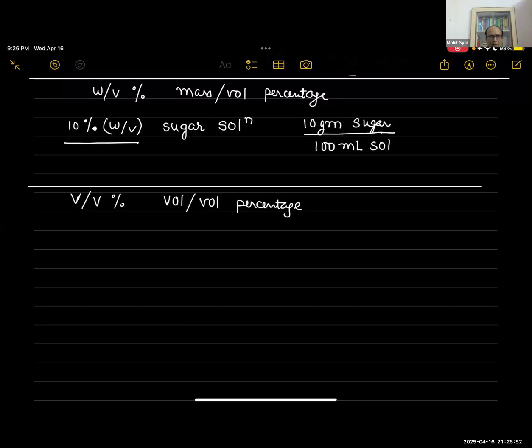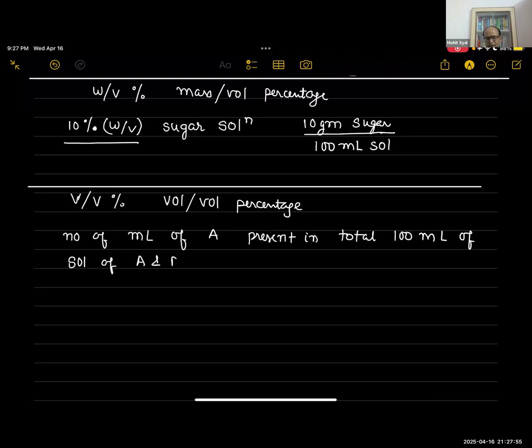Volume by volume percentage means out of 100 ml, how many mLs of a particular substance, let's say A, are present in a total of 100 ml of solution of A and B. Keep the unit the same, ml or liter, whatever unit you are taking, continue with that. Got it?